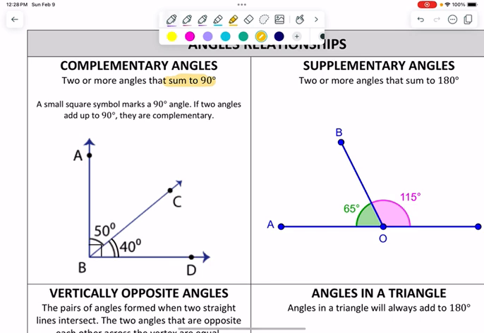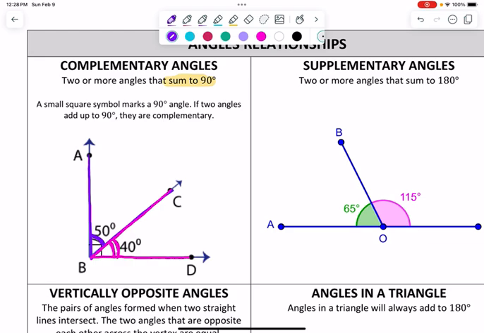So here I have an example of angle ABC and angle CBD. And if I'm looking, this one here is 40 degrees, and this one here is 50 degrees. But together, side by side, they add up to 90.